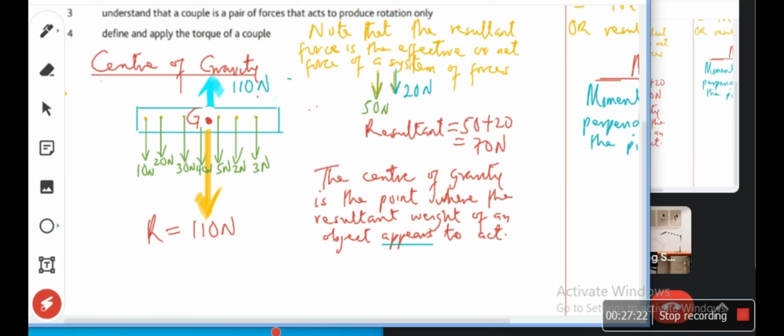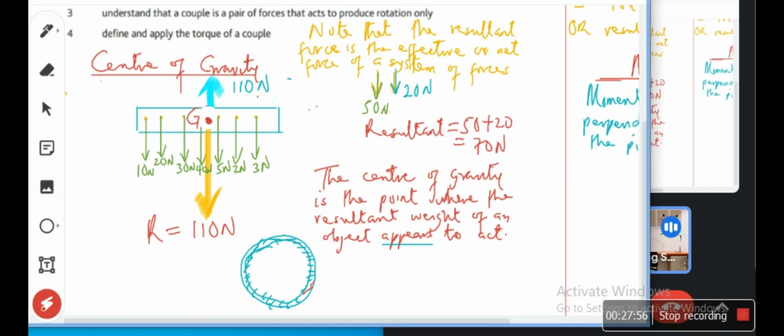Because the center of gravity may not be inside the object, it may be outside of the object. Think of a ring like this. Do you know what I mean by a ring?